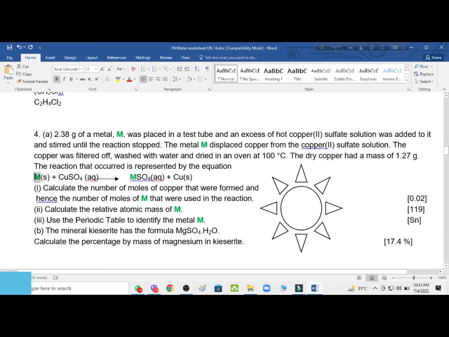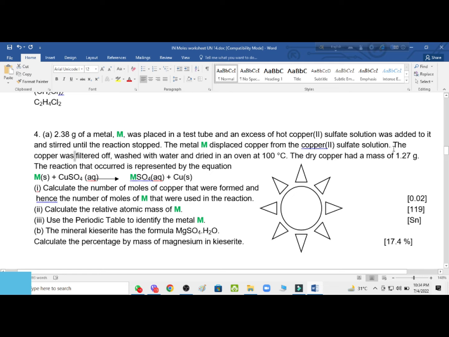Look, the equation: here's the metal M reacting with copper sulfate solution. And stirred until the reaction is complete. The metal M displaced copper from the copper sulfate solution. Do you get that? Yes, this copper is displaced, kicked out from the solution.